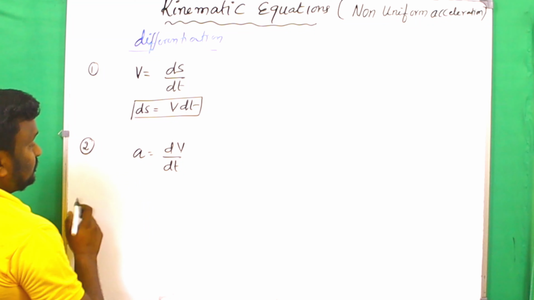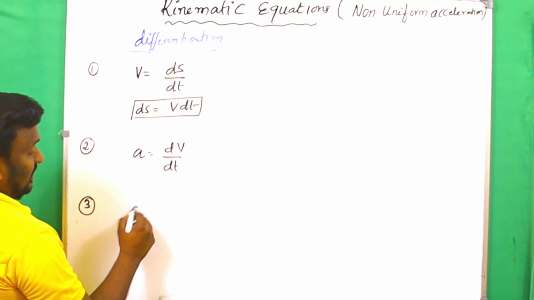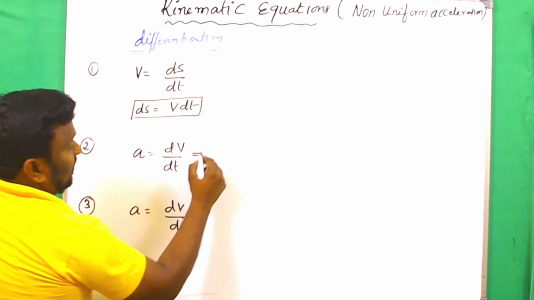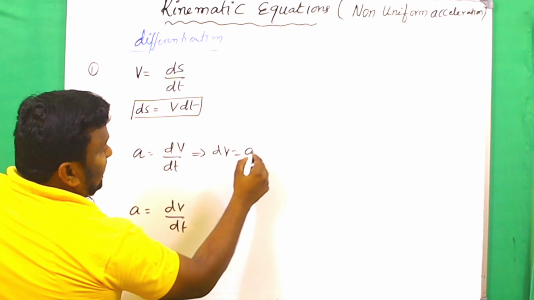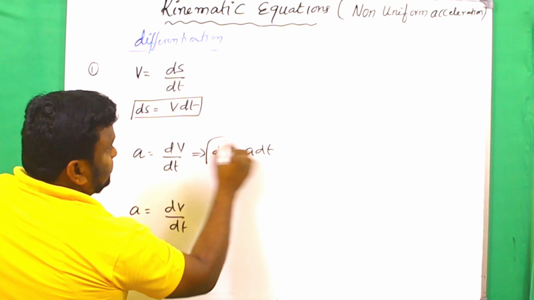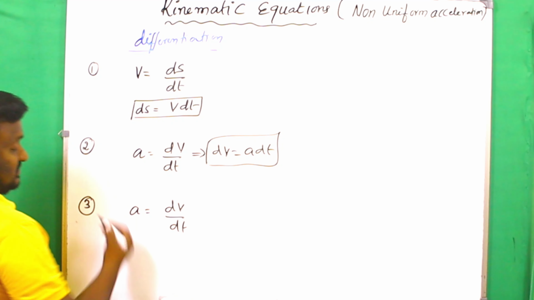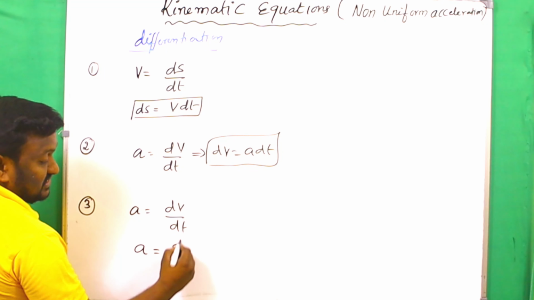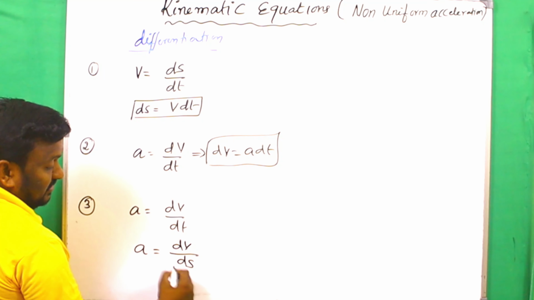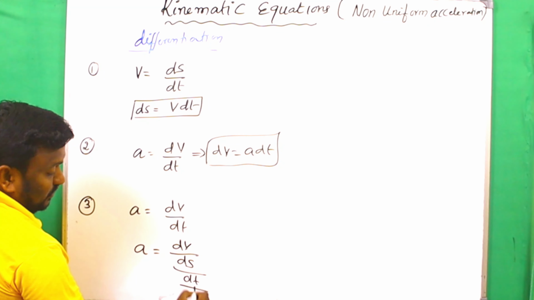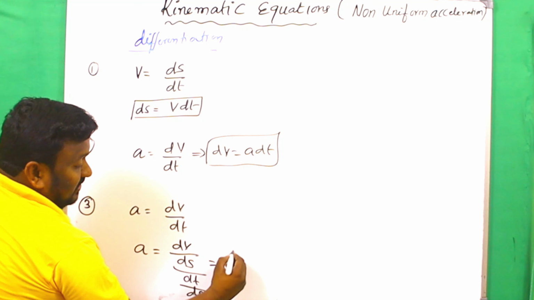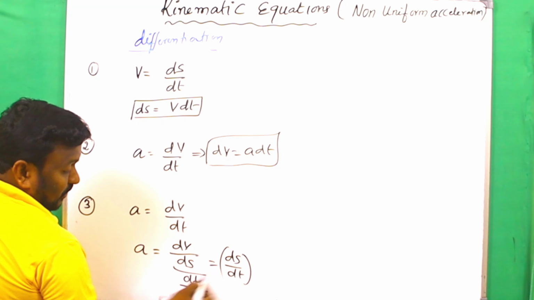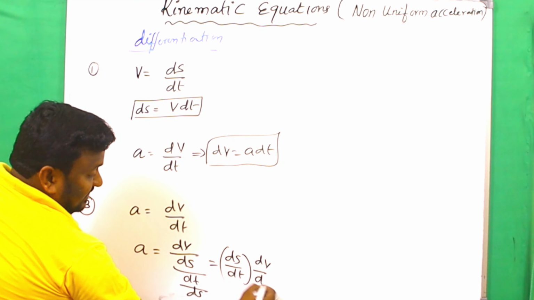Now the third one, a is equal to dv by dt. From that, dv is equal to a into dt we can write. Clear? And this equation can be written like this: dv by dt, multiplied and divided by ds, that means ds by dt of dv by ds.